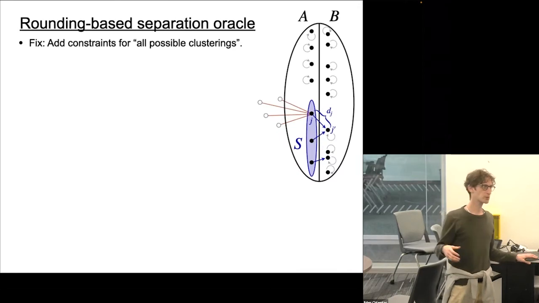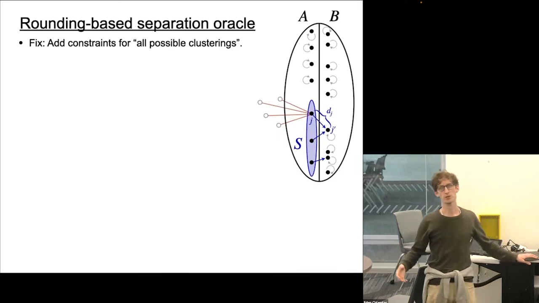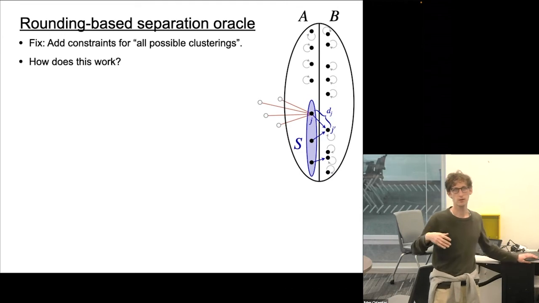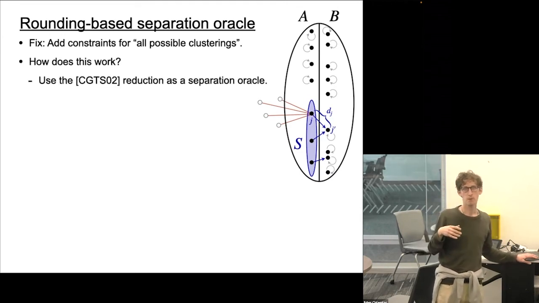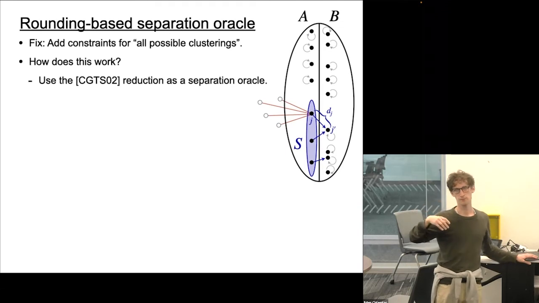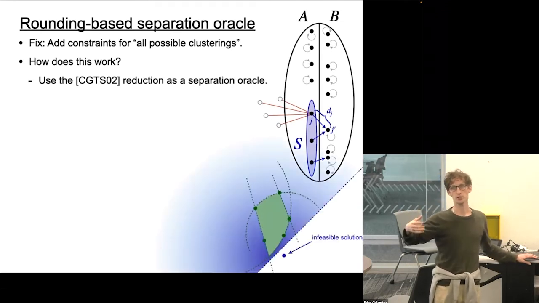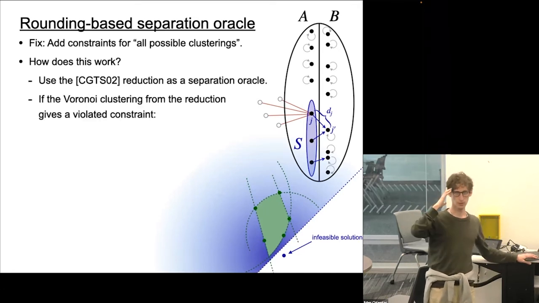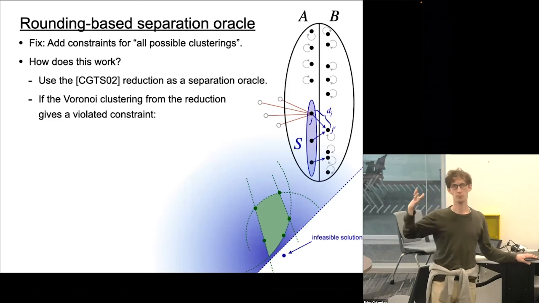So what we do is a kind of rounding-based separation. In this sense, we think of adding constraints for all possible clusterings, but we don't obviously really do that. What we do is we use that Charikar reduction as a separation oracle. So we run the reduction, and we have these constraints in mind for all possible clusterings.